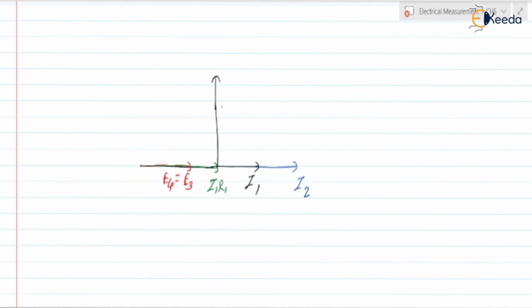So this is the phasor for I1 into omega L1. Now the addition of I1 R1 and this phasor is the phasor of E1, which is I1 R1 plus j into I1 omega L1.